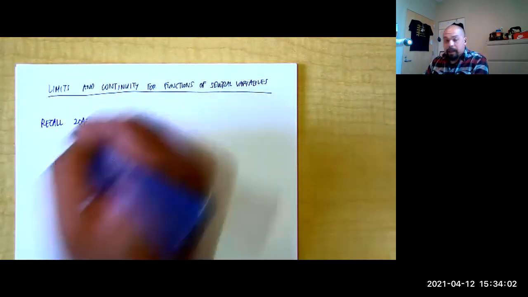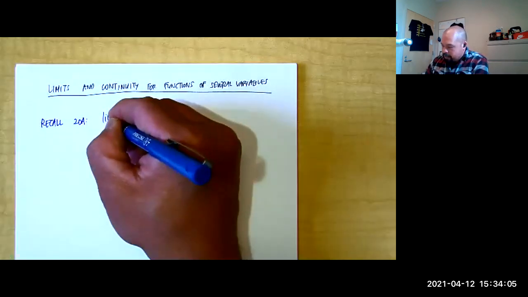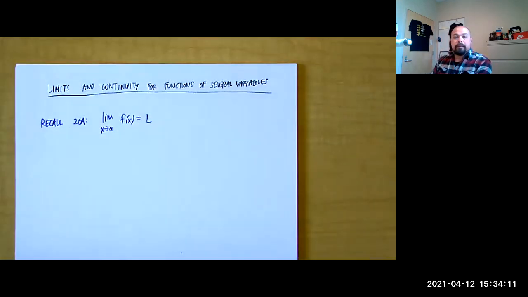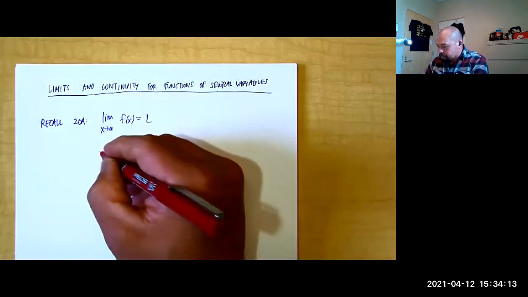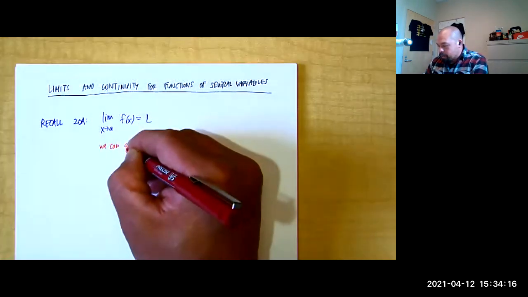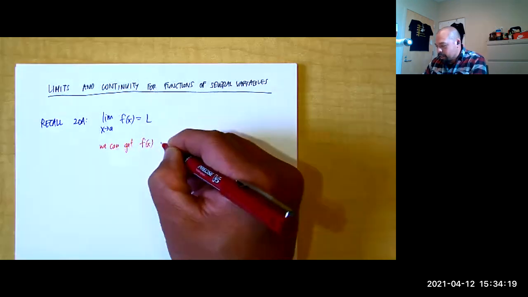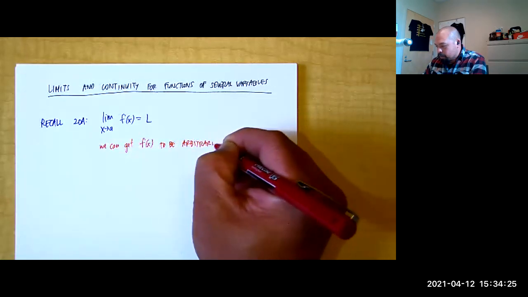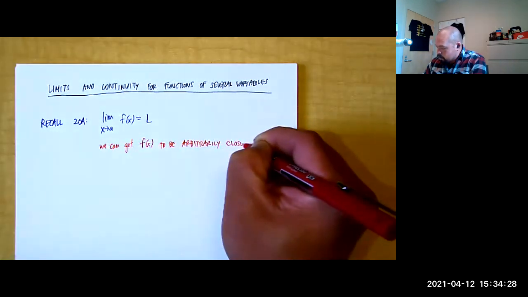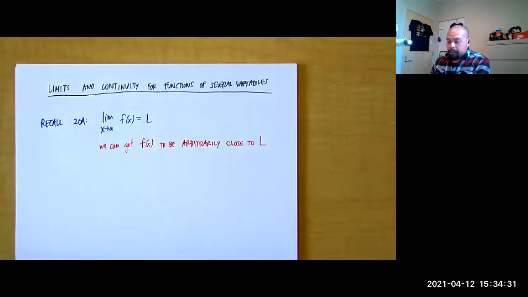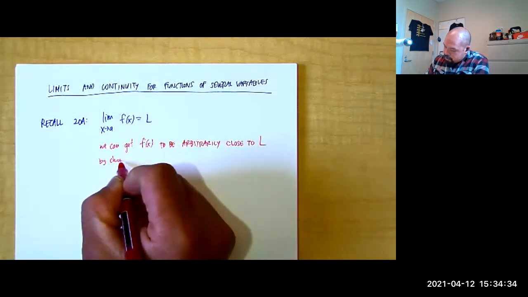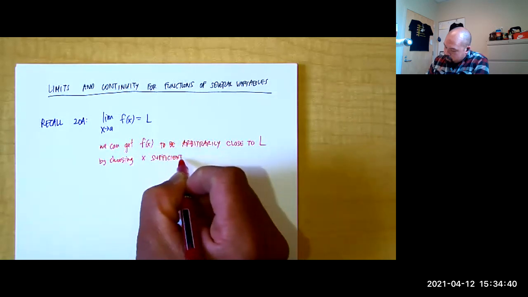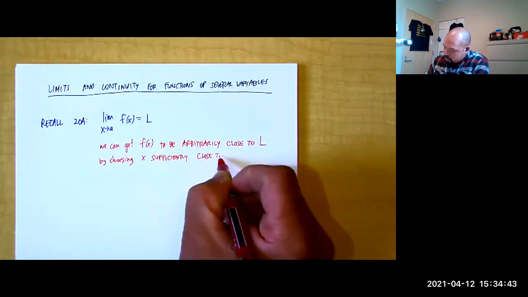Our first semester calculus, calc 1, that we took: the limit as x approached a of our function f of x is equal to L, right? This meant that we can get our function f of x to be arbitrarily close, as close as you want, to that limit value L by choosing x sufficiently close to a, right?